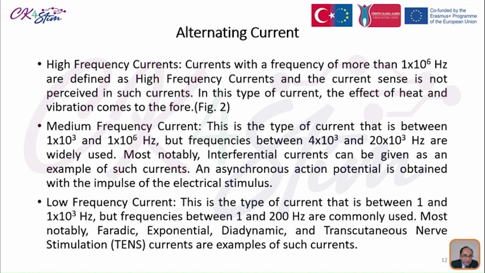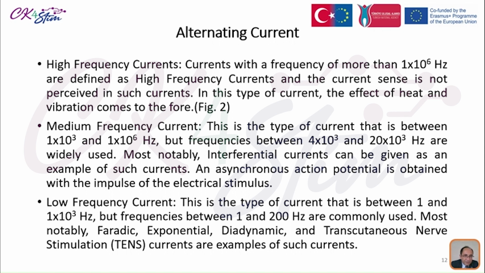The high frequency currents have a frequency that is more than 1 million hertz. The current sense is not perceived in such currents. In this type of current, the effect of heat and vibration comes to the front.